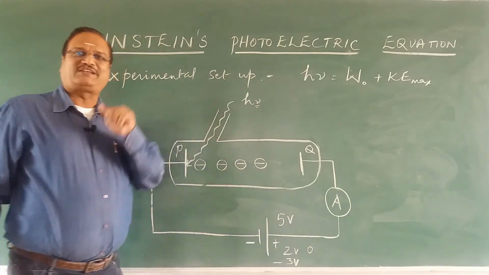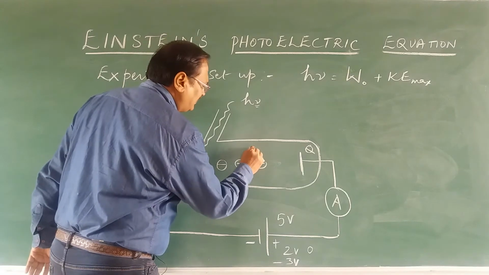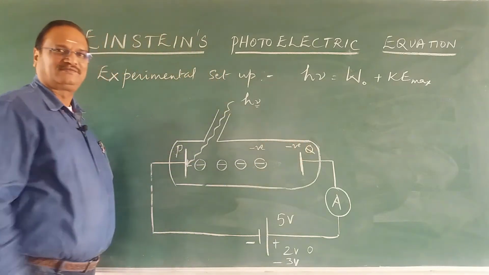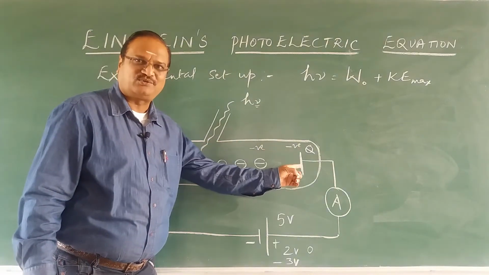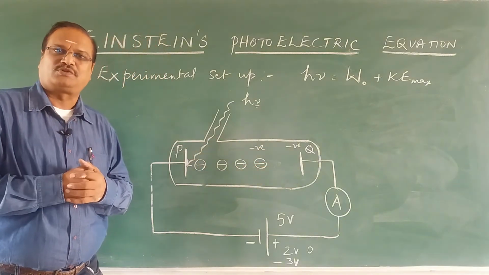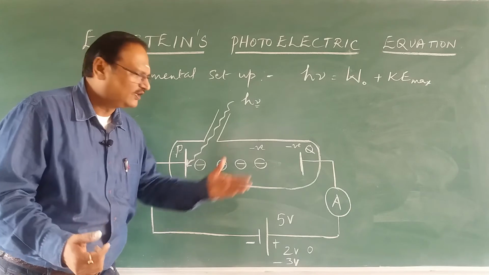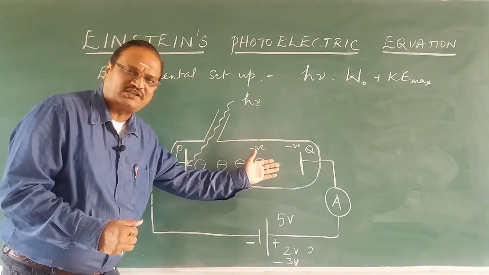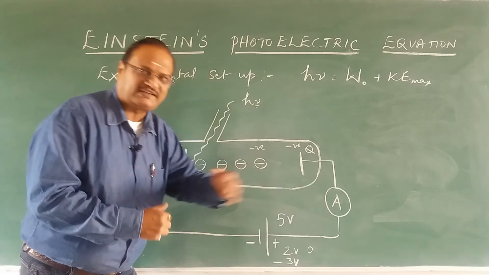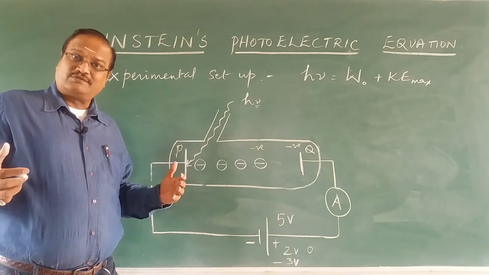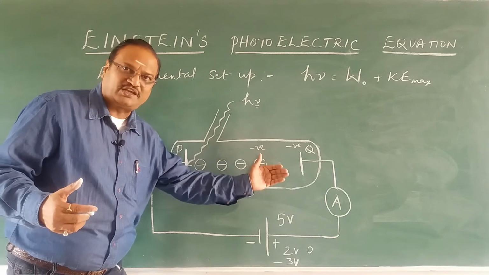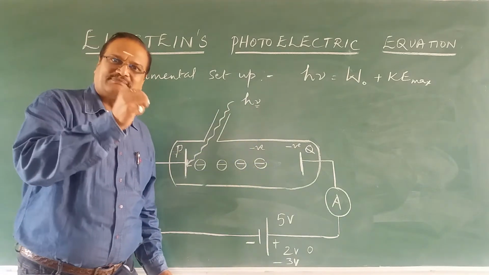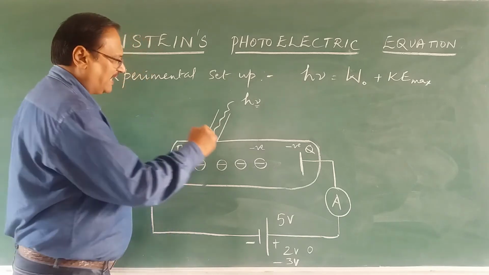When it goes to negative, see, the electron is negative, and the plate also turned negative, then what will happen? If both of them are negative, there will be a repulsive force. If there is a repulsive force, the electrons cannot reach there. If the electrons don't reach there, there is no photoelectric current here. Then who can reach? Only the electron which has maximum kinetic energy can reach.